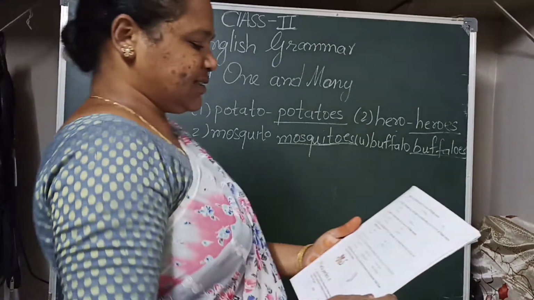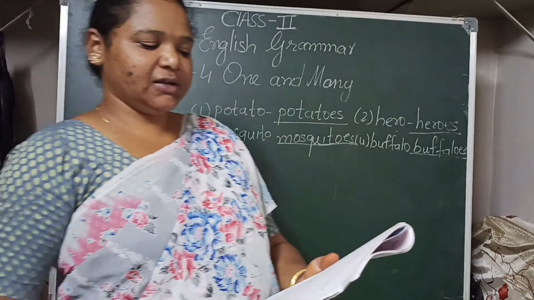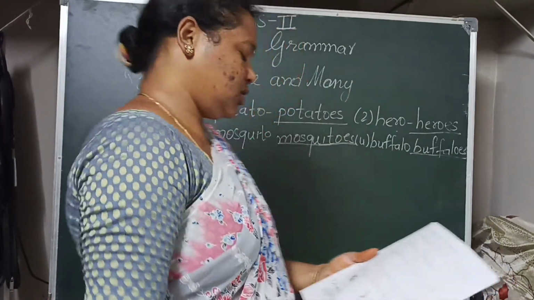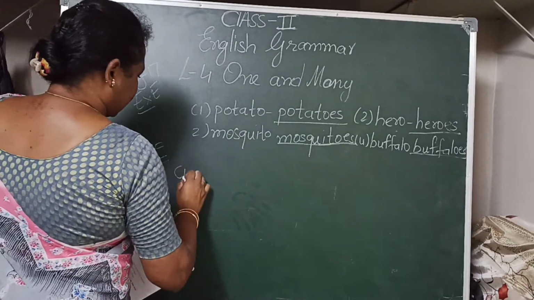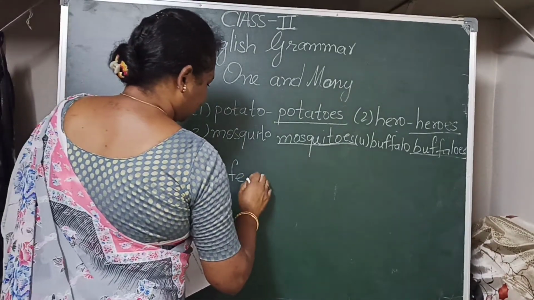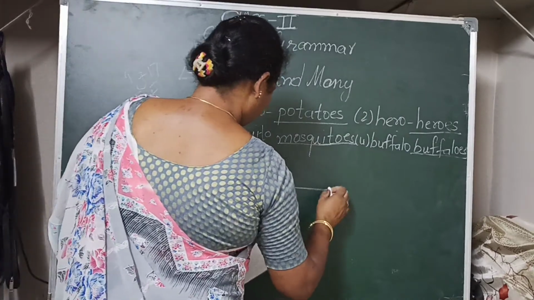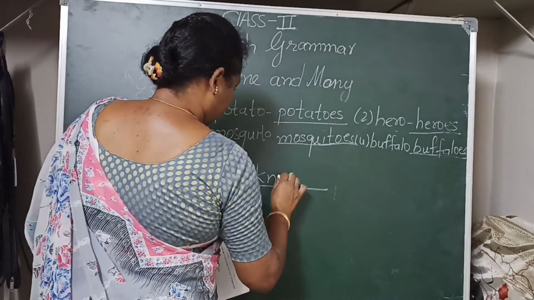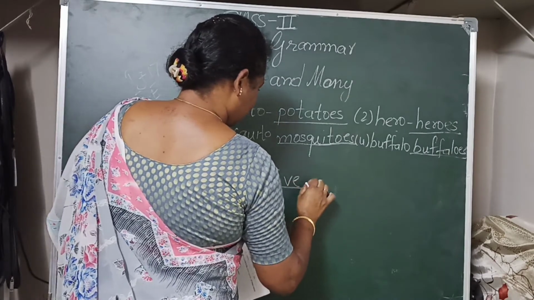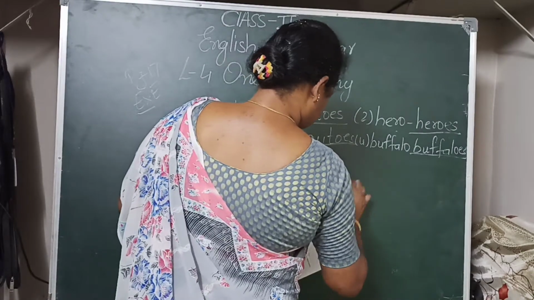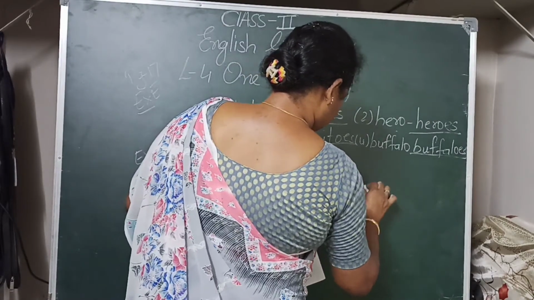Moving on to the next exercise, exercise F. Put v in the place of f or fe and add es to form the plural forms. The first word is knife. So in place of f we write v: knives. Right, children? Then second one is leaf.